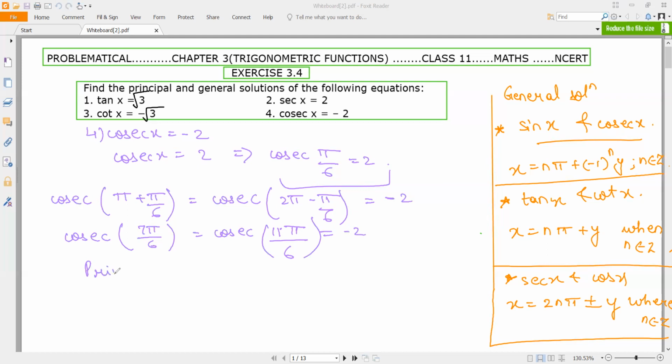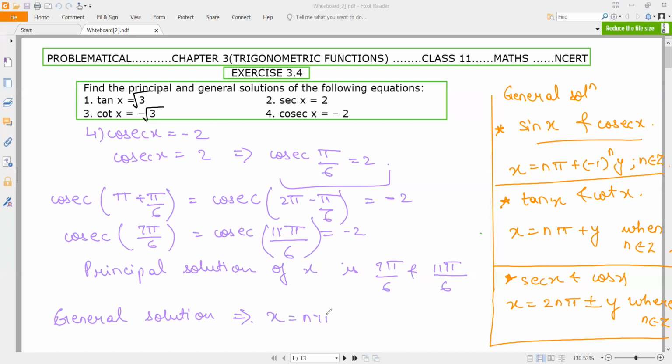Principal solution of x is 7π/6 and 11π/6. General solution will be x equals nπ plus minus 1 to the power n into y, which is 7π/6, where n belongs to Z.